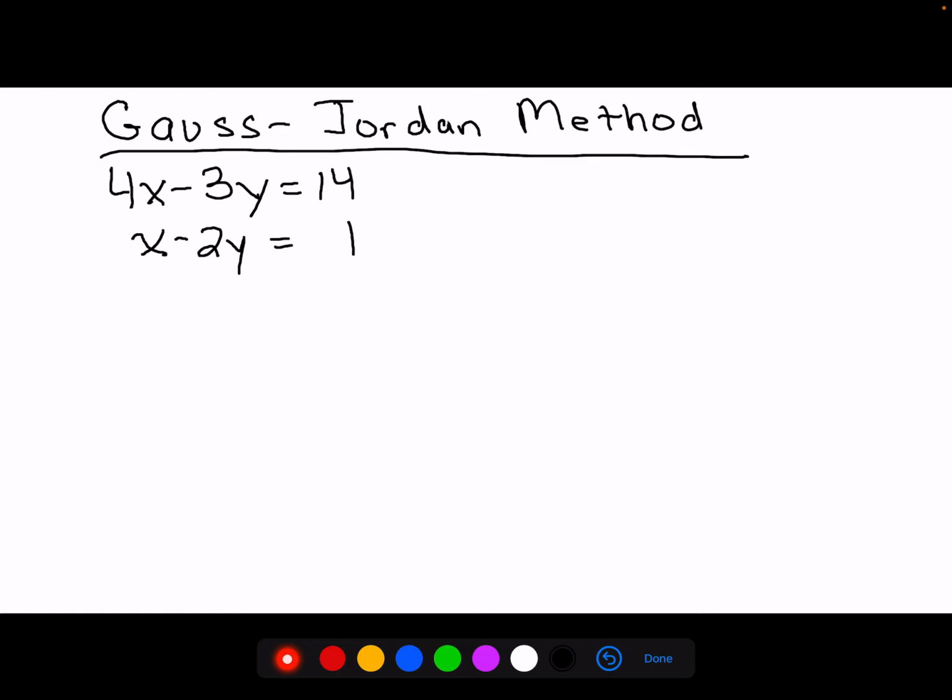Okay, so what we're going to do is start by drawing an augmented matrix using just our coefficients and constants. So the first equation will go in the first row. Coefficient 4, coefficient -3, and we're doing an augmented matrix where the solutions, the constants, are over on the right side there.